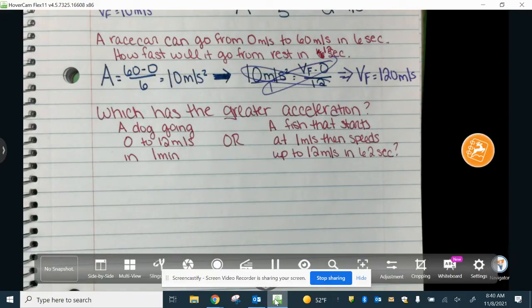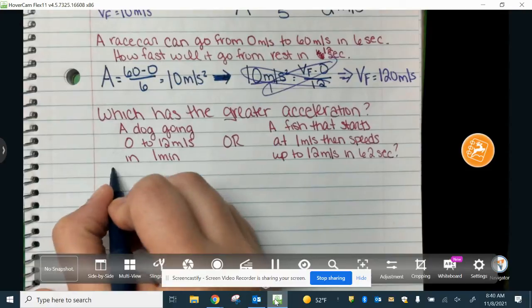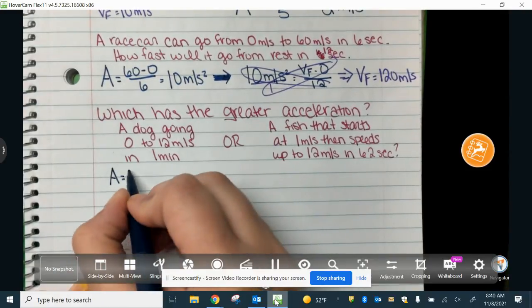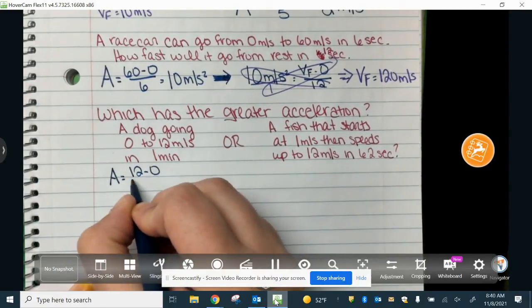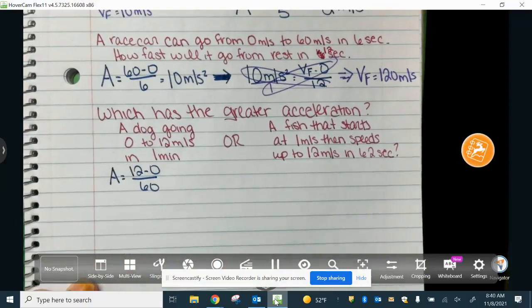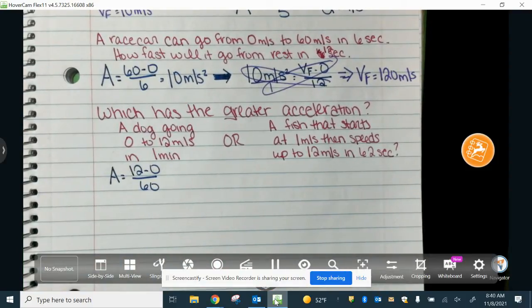It's 6.2 or 62. 62. For the dog, you need to make sure you convert your minutes to seconds, because your fish is in seconds, and you're going to have to compare them.